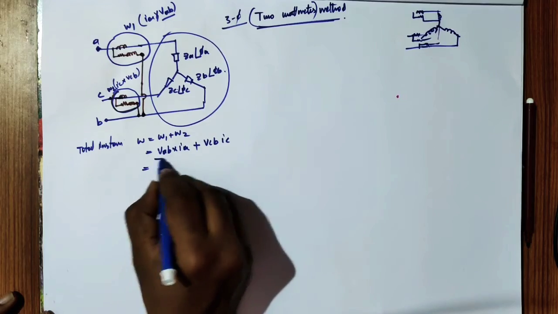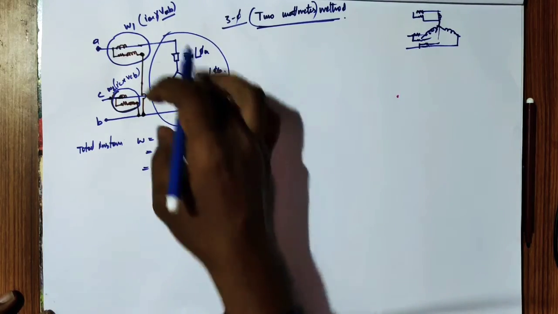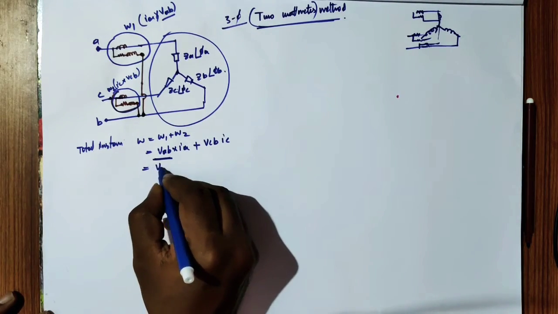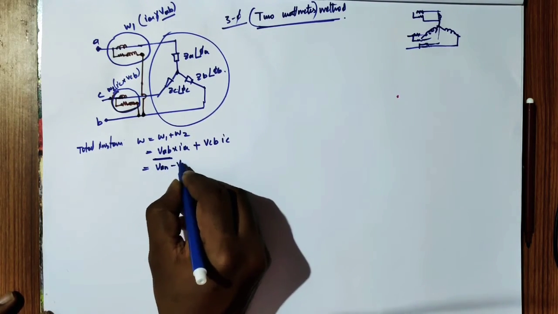Now we write the line voltage VAB in the form of phase voltages, that is VAB equal to VAN minus VBN.